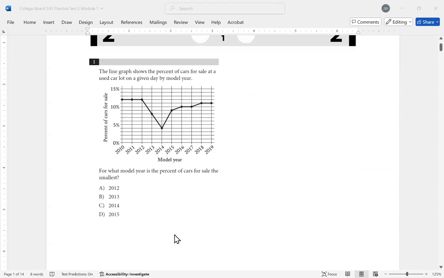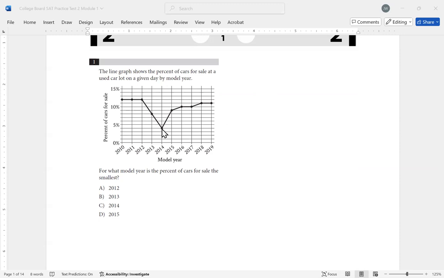Question 1 says, the line graph shows the percent of cars for sale at a used car lot on a given day by model year. For what model year is the percent of cars for sale the smallest? Well, it's smallest at the lowest point.